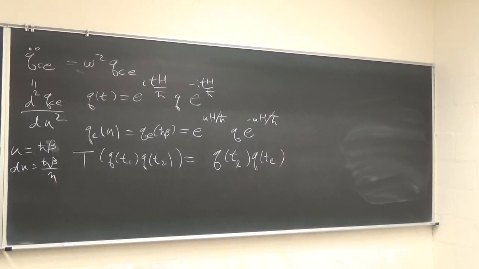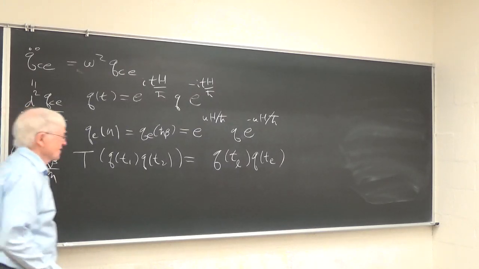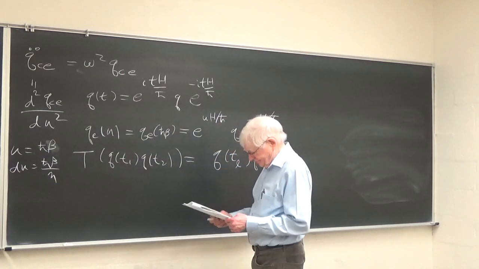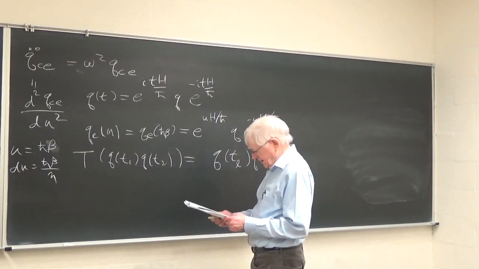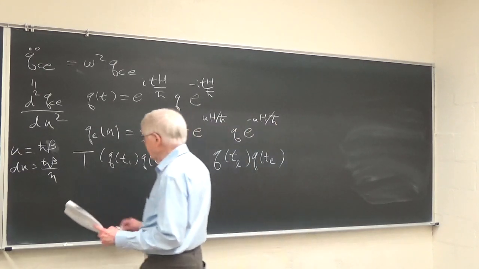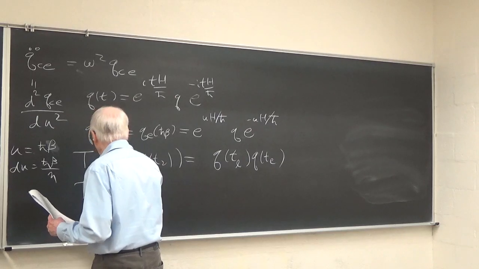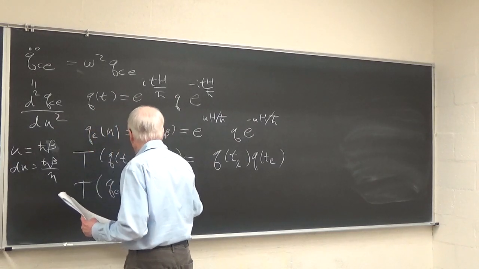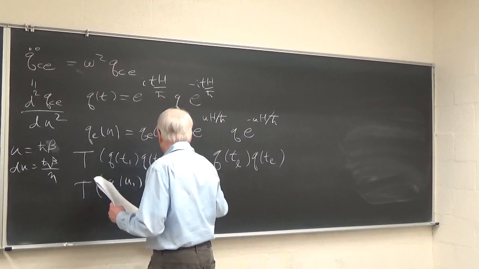Earlier, later, or older, younger, or newer, older? Earlier, later. All right, let's go with earlier, later. In the Euclidean case, then it's T of Q Euclidean at Q1, Q Euclidean, Q2.